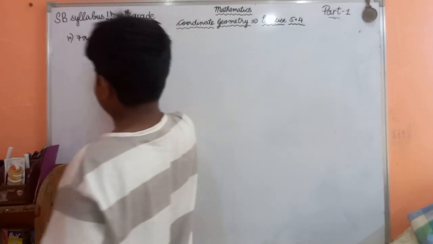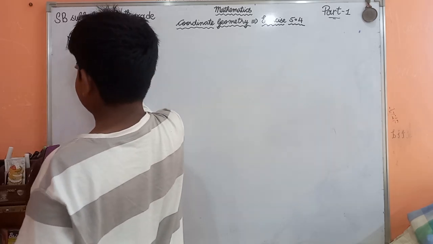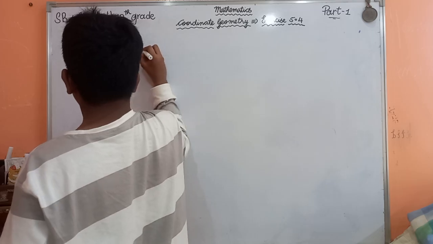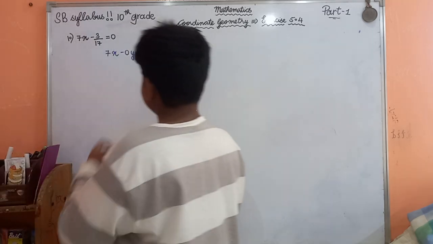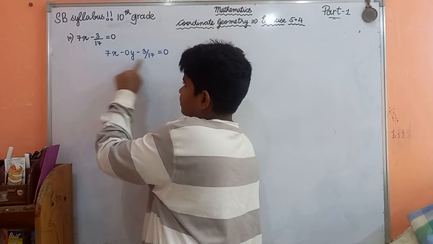So we can write it as 7x minus 0y minus 3 by 17 is equal to 0. Since there's a fraction with 17, just take 17 as the LCM and multiply everything by it.